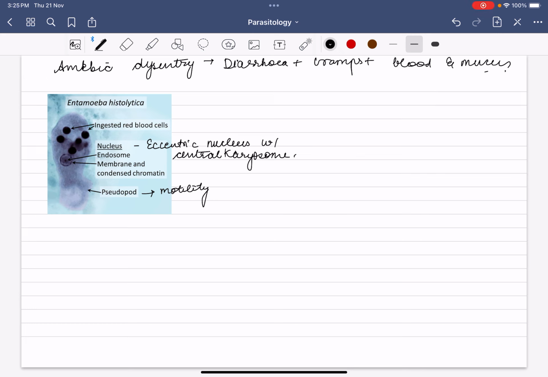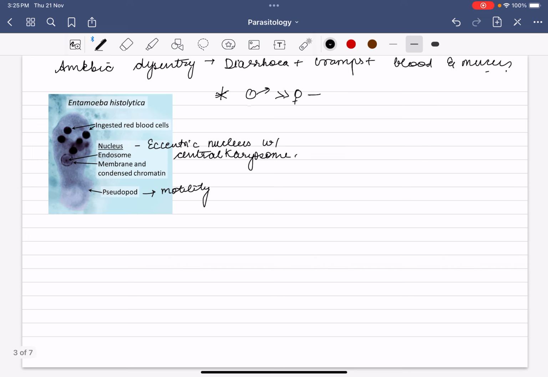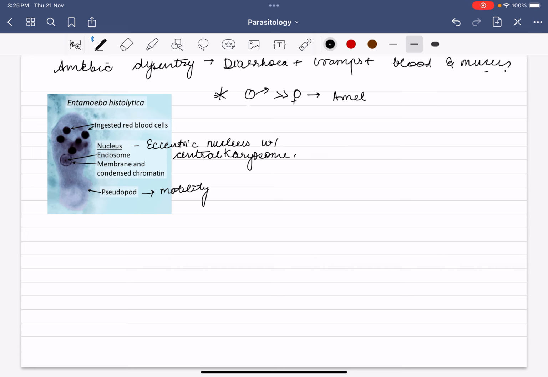Another important point is that in males more than females, as well as in people who eat a cholesterol-rich diet, it causes amoebic liver abscess.